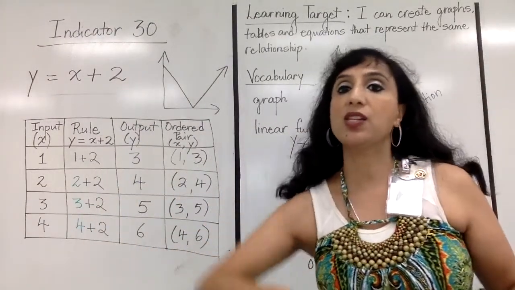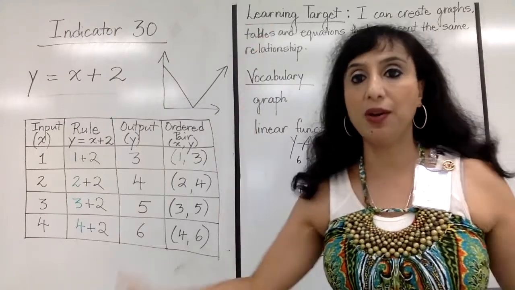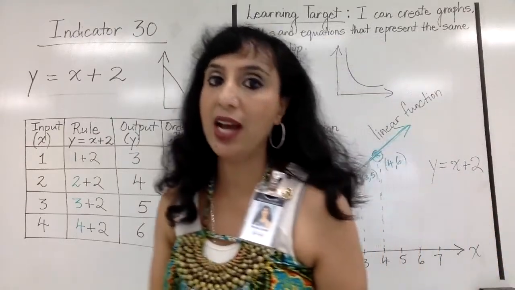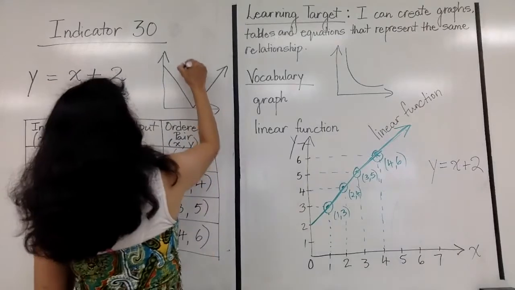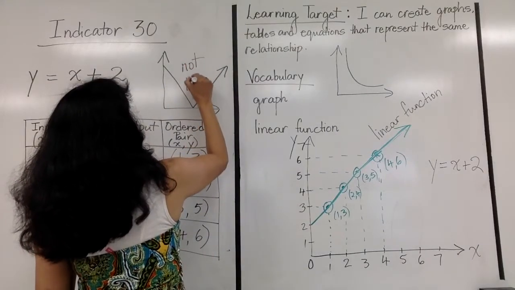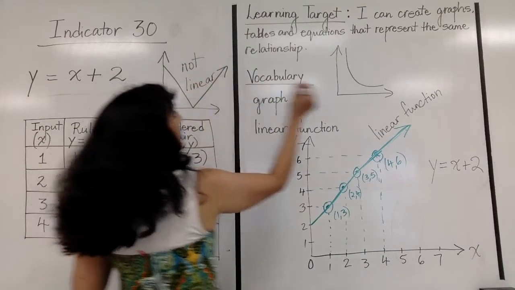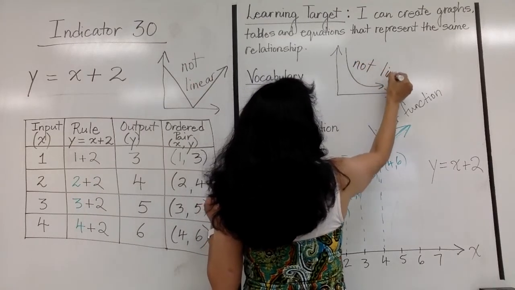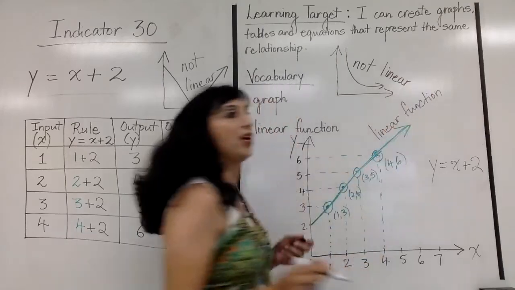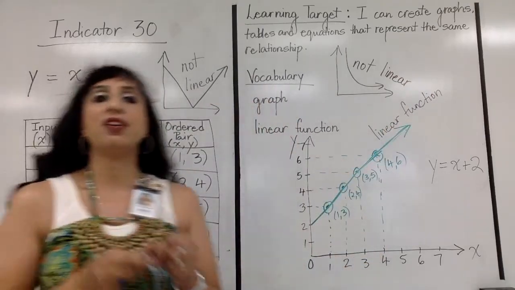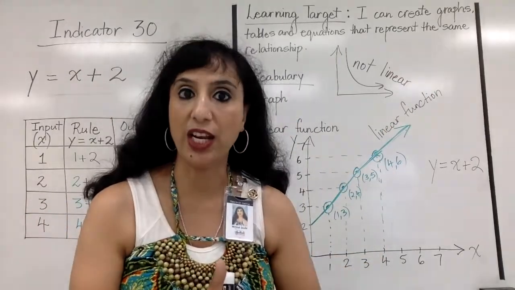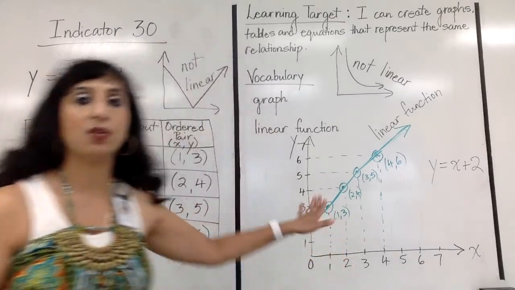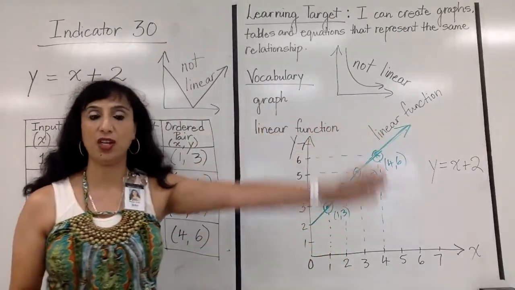It is coming down first, then it's going up. It could be going zigzag, we don't know. But it is not a straight line. So again, this is not linear. Let's say this is going like this. This is not linear, because it is not a straight line. Only when we have a straight line is it a linear function, okay? So this is the graph of a linear function.